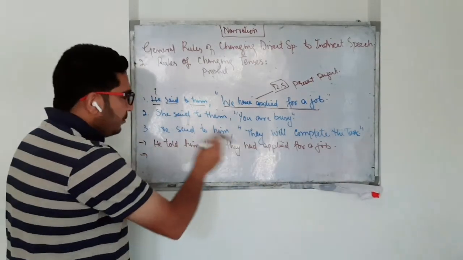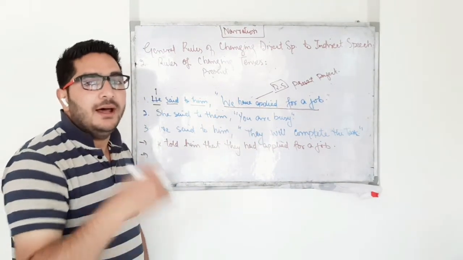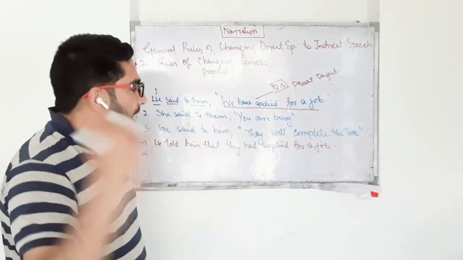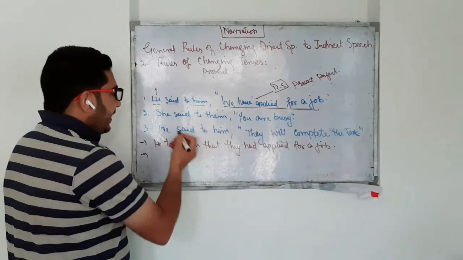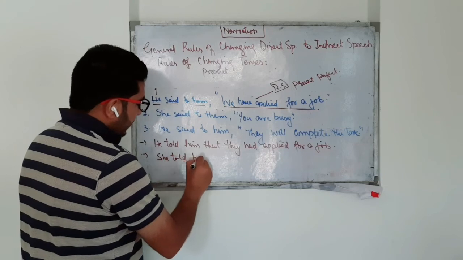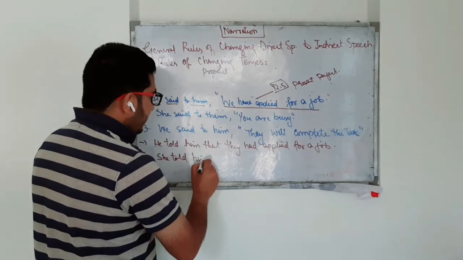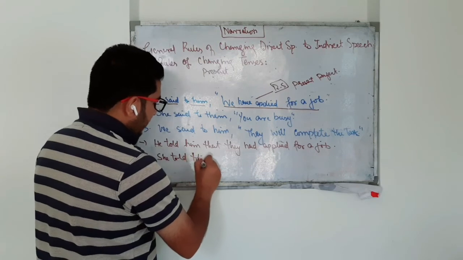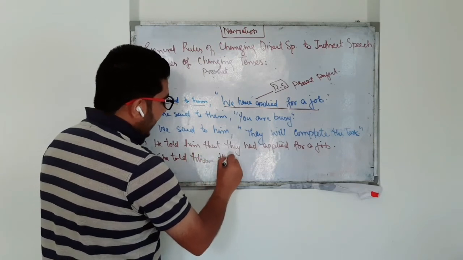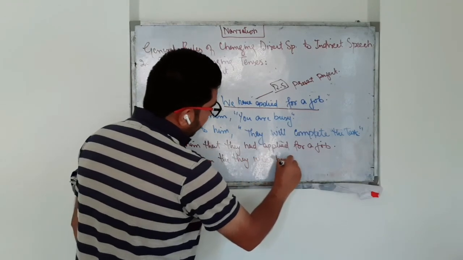So this is how tenses are changed. This is one of the examples regarding how tenses are changed. Second, she said to him, you are busy. She told them that they were busy.